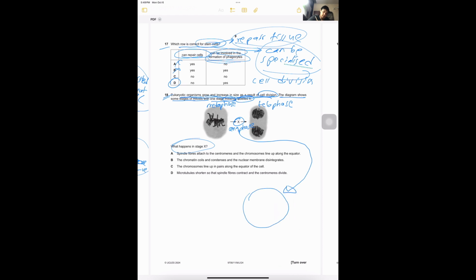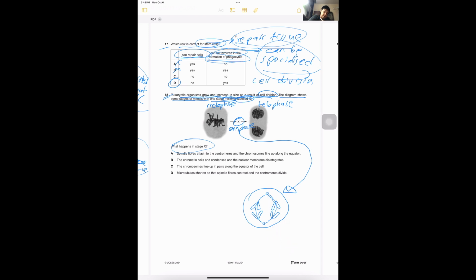We'll draw the centrioles and some structure like this, some structure like this, and then some structures like this, and they're joined by microtubules, right?